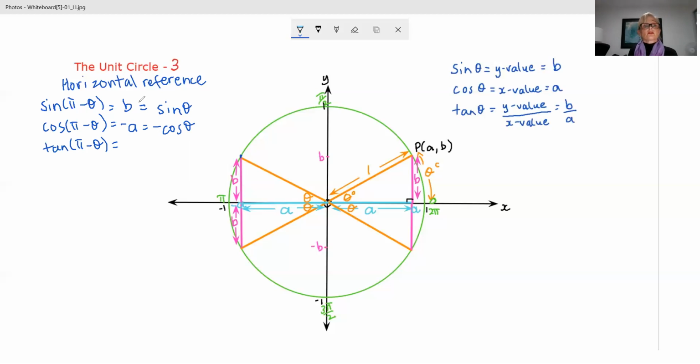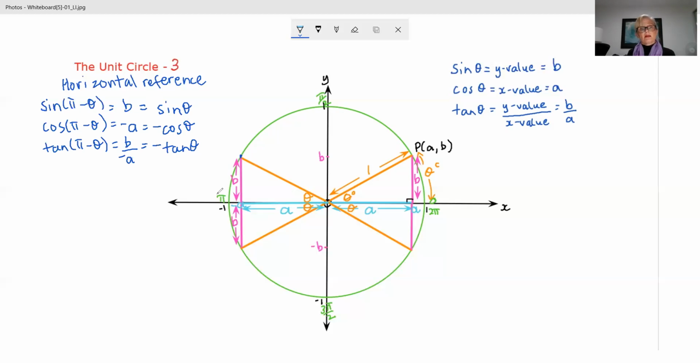Tan is always going to be your y divided by your x. So we get negative what tan of theta was. So that's interesting, isn't it? We get the same magnitudes. The only difference is that some of these ratios are negative in that quadrant number 2. So this is quadrant 1, quadrant 2, quadrant 3, quadrant 4.